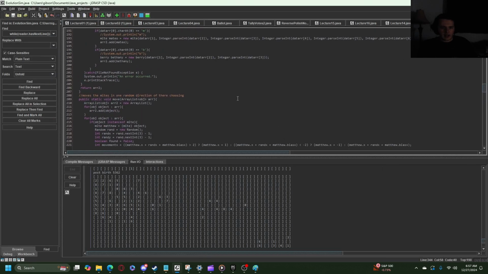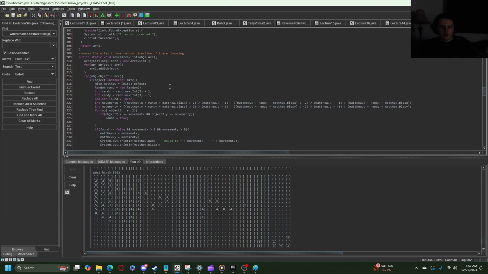In our movement class, the original was the x value plus this random value of moving in any direction, which is a vector between -1 and 1, which means that since it's an integer, it can only be -1, 0, and 1. 0 means that it doesn't move, -1 means that it moves to the left, and 1 means that it moves to the right.